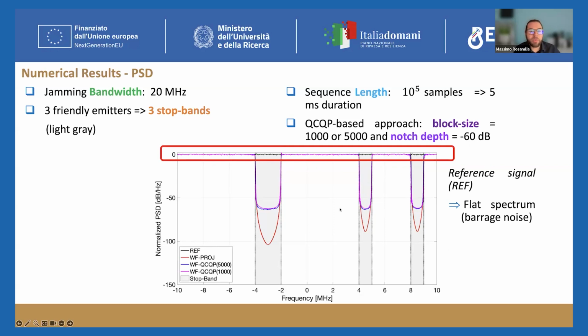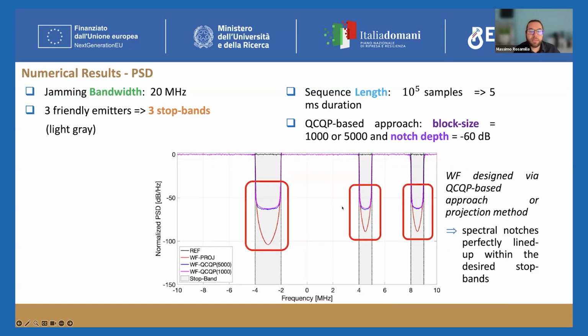Whereas the other waveforms, synthesized via the QC-QP-based approach or the projection-based method, are characterized by these spectral notches, which are perfectly lined up within the desired stop bands. Notice also that the waveforms synthesized by the QC-QP-based approach are characterized by a notch depth of around minus 60 decibel, which is compliant with the design requirement.